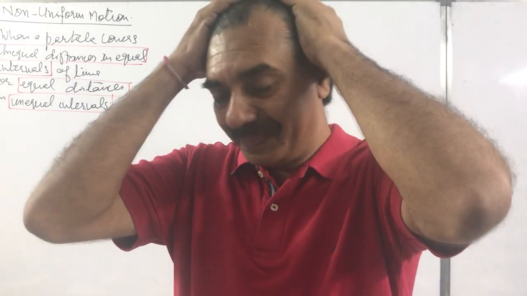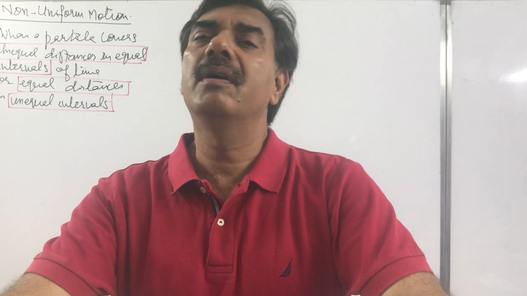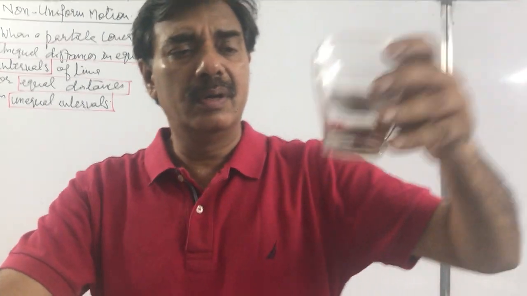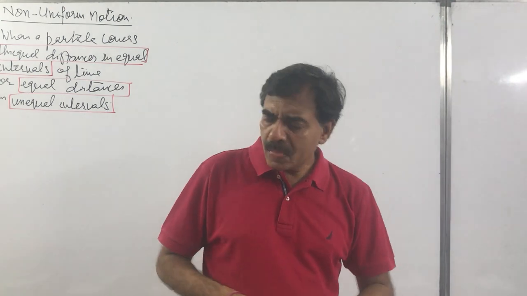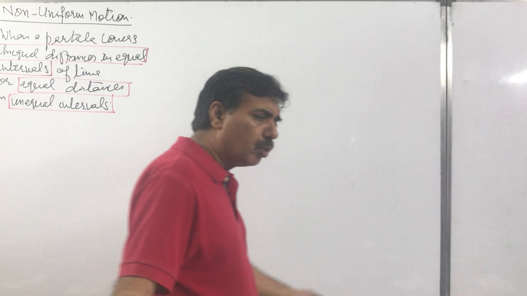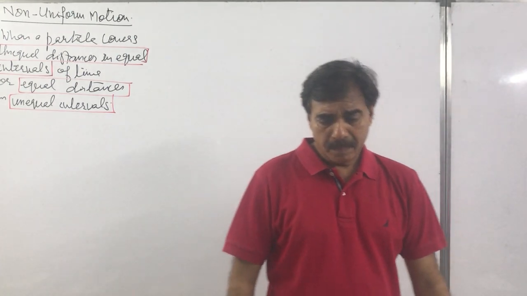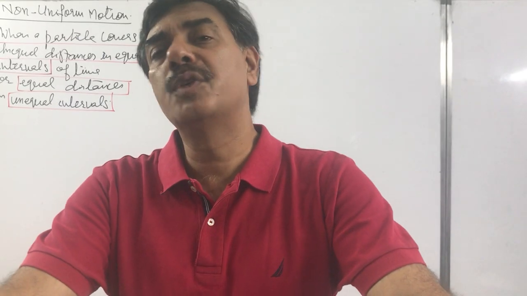Anyway, what do you think? Is your motion uniform? When you are driving from Patiala to Chandigarh in a car or a bike, or say you are coming from your home to your school or to my center, no, the speed is not uniform.